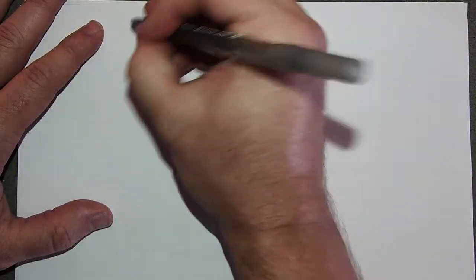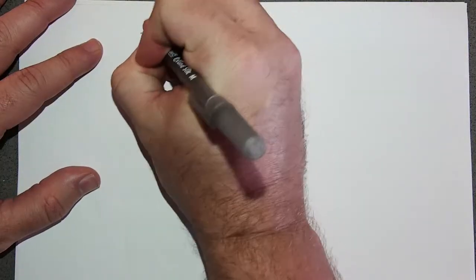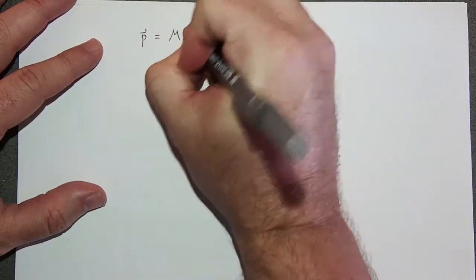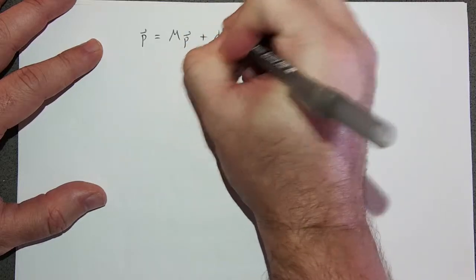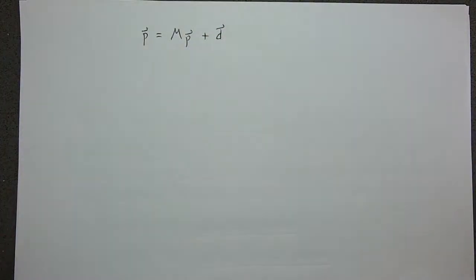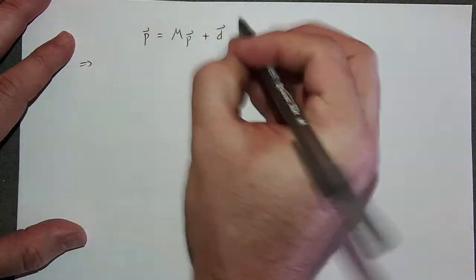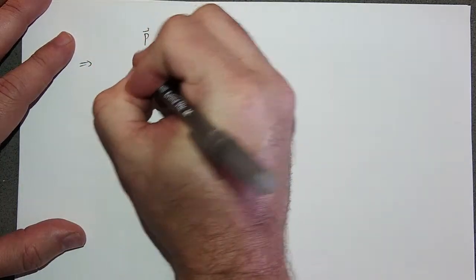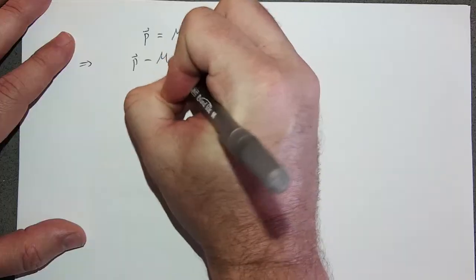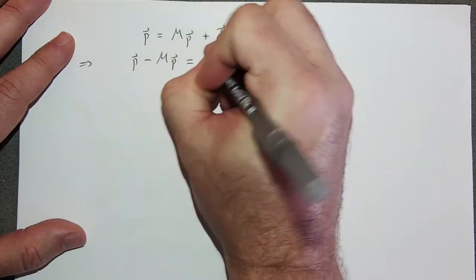So we have P is MP plus D. If I was going to solve this, I want to put it in the form of every other matrix equation, right? I want to put it as an AX equals B type thing, which I can in fact do. I can move MP to the other side here so that this is P minus MP is equal to D.